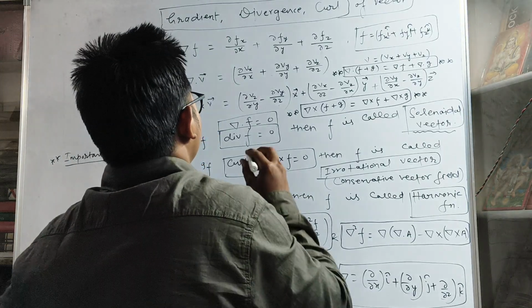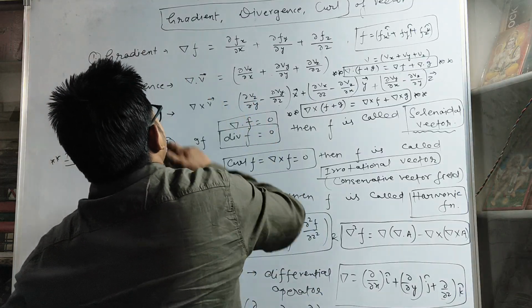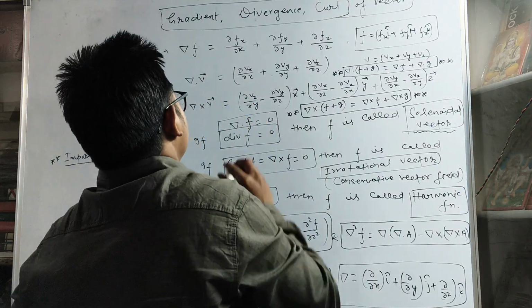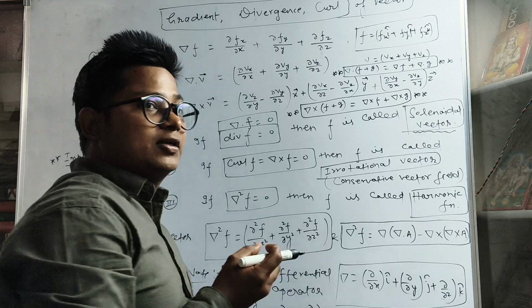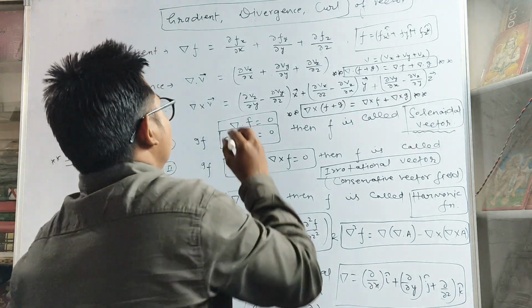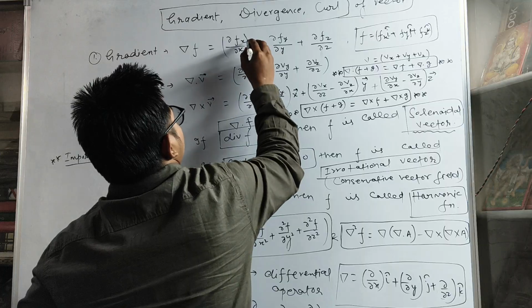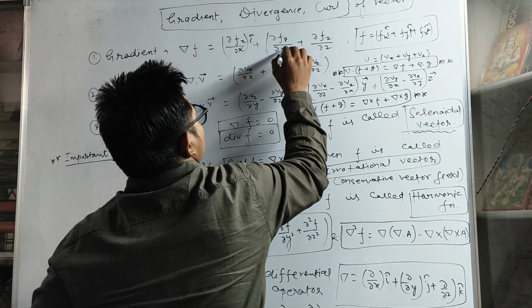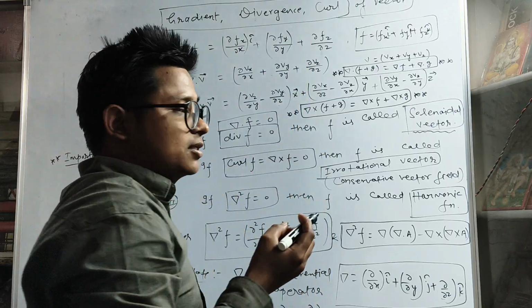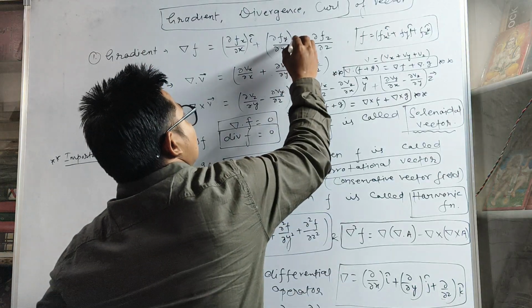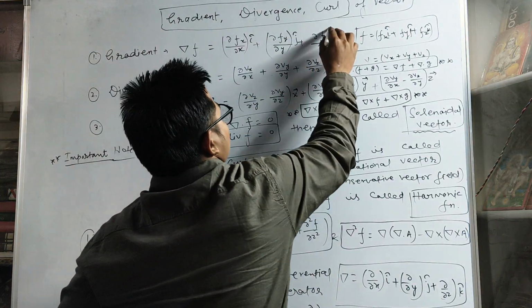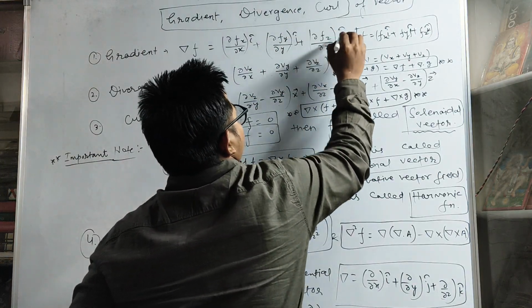If we want to write the gradient of a vector, we simply write the partial derivatives with x, y and z axis including the unit vectors. So we have to write del fx by del x with i cap, del fy by del y with j cap, and del fz by del z with k cap.